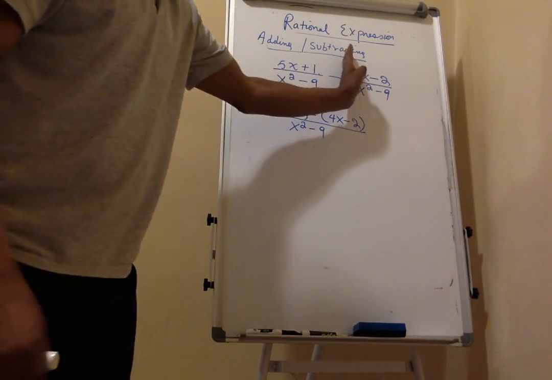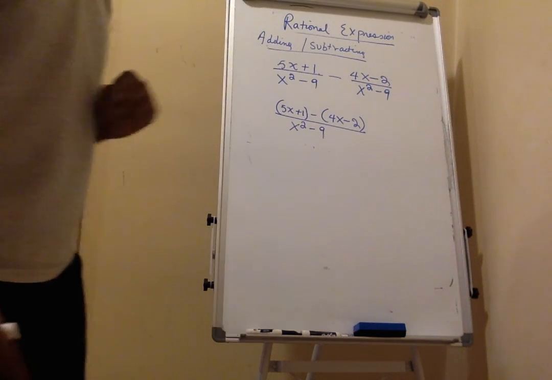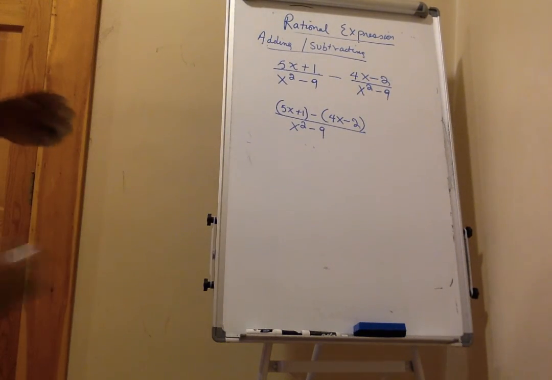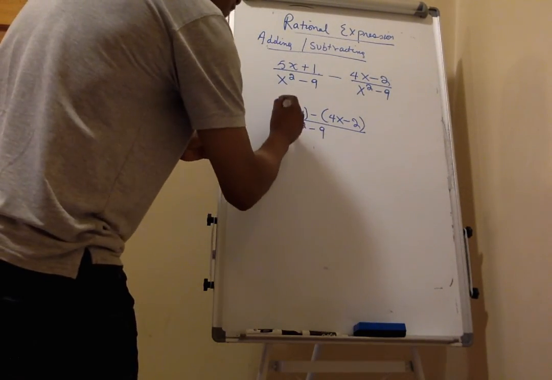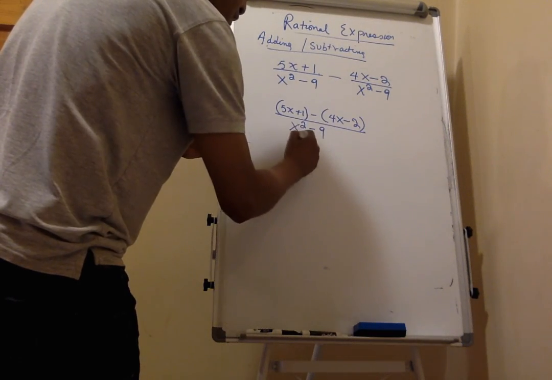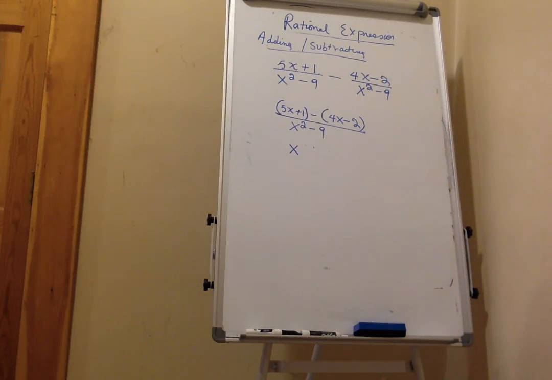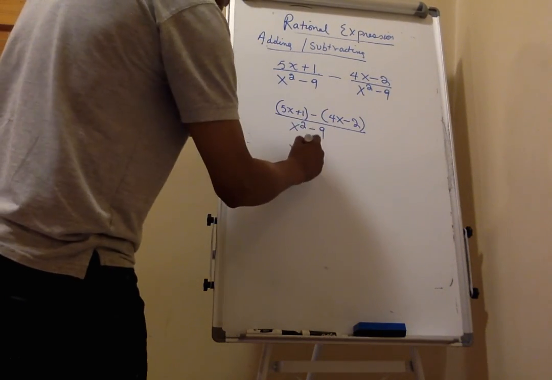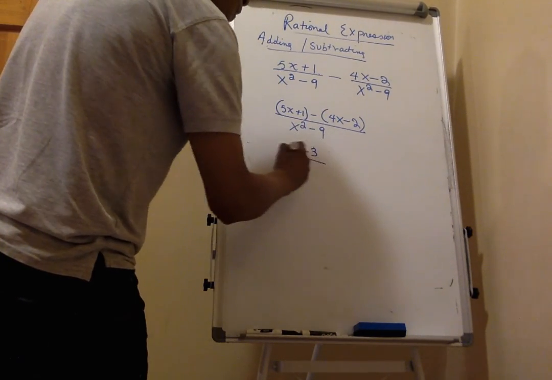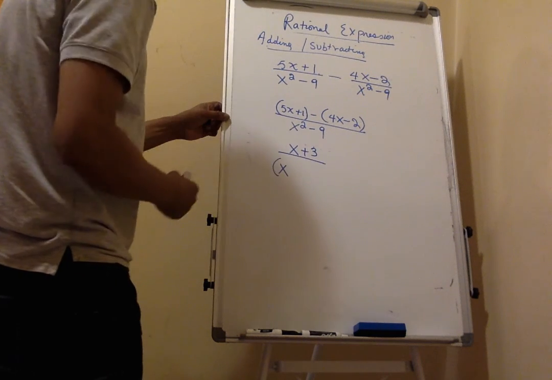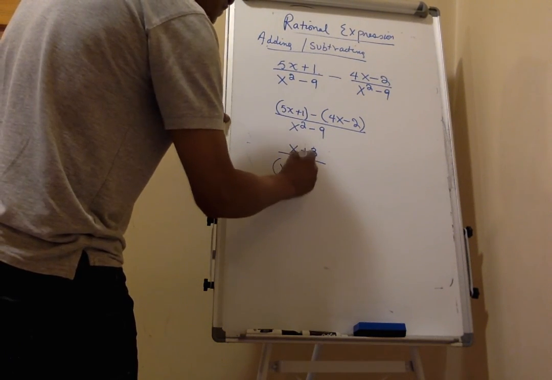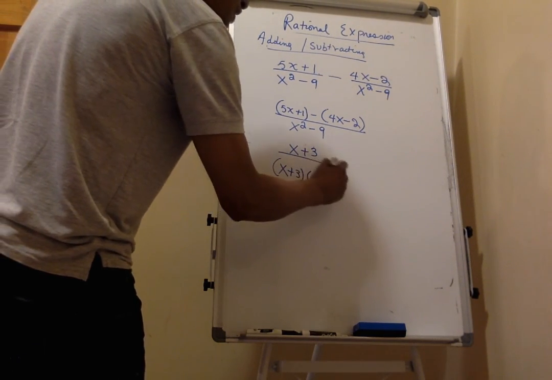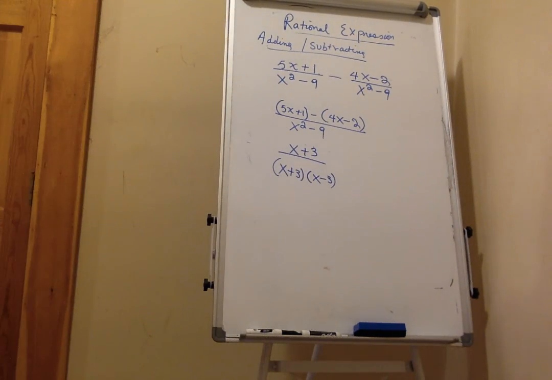You are subtracting the entire thing from this one. So let me go ahead and do this. 5x minus 4x is x, right? And 1 minus negative 2 is 1 plus 2, which is x plus 3, over x squared minus 9, which is x plus 3, x minus 3, right?